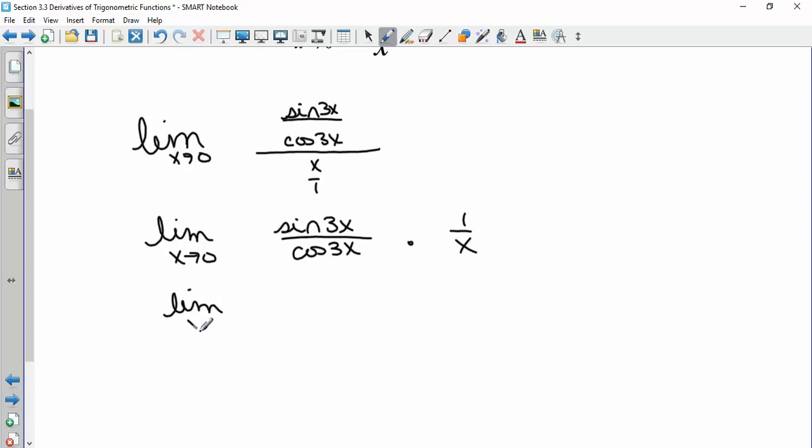Okay. So these things are multiplied, so I can move them around a little bit. I'm going to put the x under my sine, and then 1 over cosine 3x out to the side.